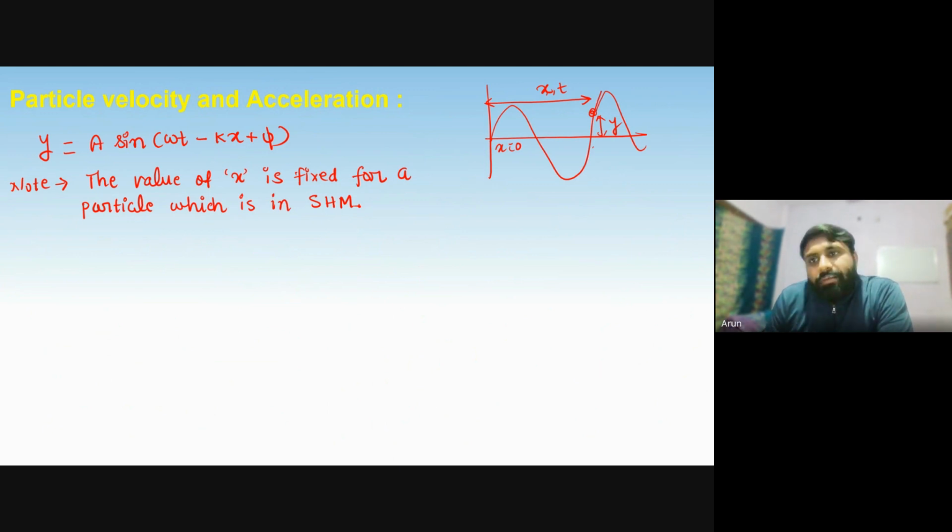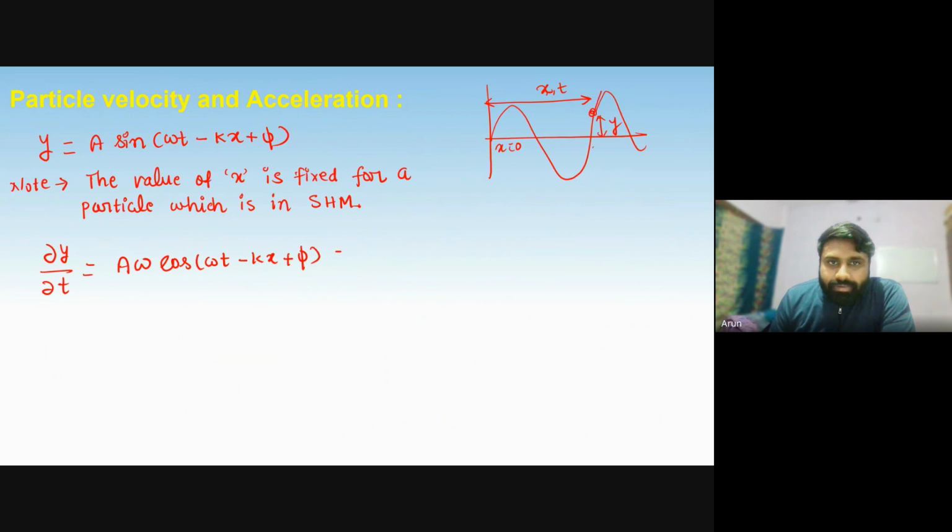So to know the velocity, what will we do? We will differentiate this displacement, but here y is a function of x and t, so we will partially differentiate it with respect to time. What will we get? We will get a omega cos omega t minus kx plus phi.